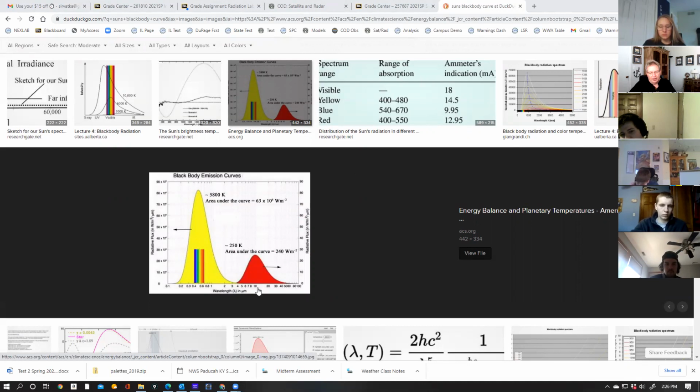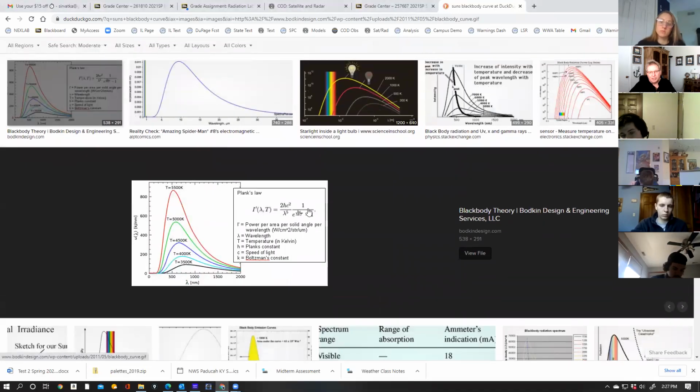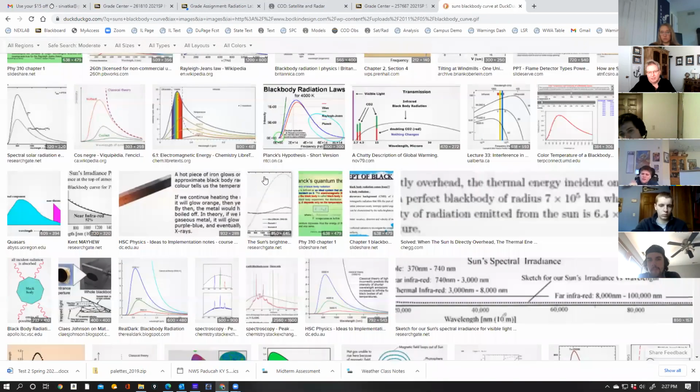Notice lambda max is way down here by 10. That's what all these things are talking about here. You know, there's different ways of plotting out the curve, whether the axis is logarithmic or not. By the way, if you want to know what the equation is that you're plotting out, there it is. It's called Boltzmann's constant. They're all dealing with radiation stuff.